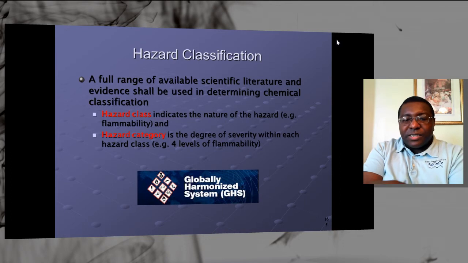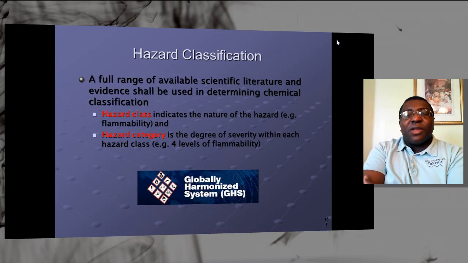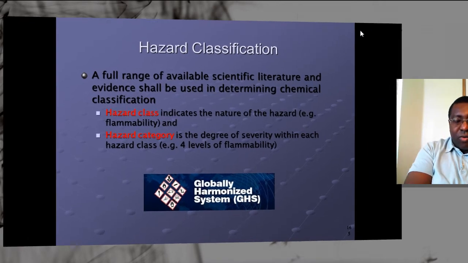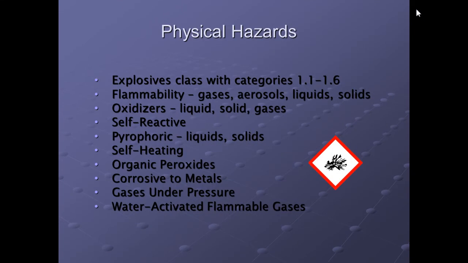But then there's a subsequent hazard category, and that's your degree of severity within each hazard class. So if something is flammable and now it has a number to that flammability, depending on that number, that flammability could be a high severity or a low severity once it is ignited.